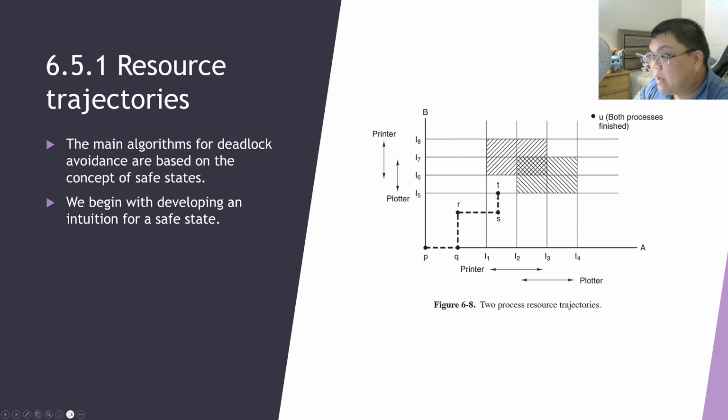If the moment we move up from point T, that means process B is using the plotter. If we keep going right from T, process A is going to use the plotter. So with these rules, the goal is to find some path that starts at the beginning, P, and ends at U. That's the finish line where both processes finish.